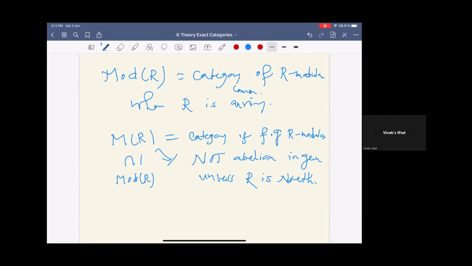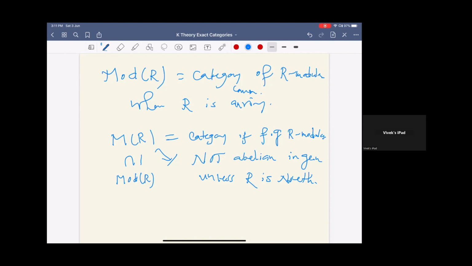Because if you look at a map between two modules, its kernel may not be finitely generated unless R is Noetherian. So in general it's not abelian unless R is Noetherian. So this is one example of an abelian category.